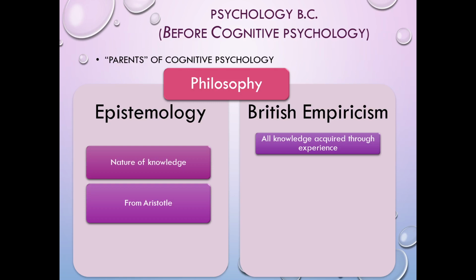This doesn't sound like a huge leap to you probably, but prior to the British empiricists, and actually to a lesser extent like Socrates, they talked about how we had to learn everything through experience as opposed to how Plato talked about it, for example. Plato said you were born knowing everything that humans have ever known, and you just have to be reminded of it. The empiricists said, no, you have to acquire all knowledge through experience. So this was actually an opposing viewpoint.